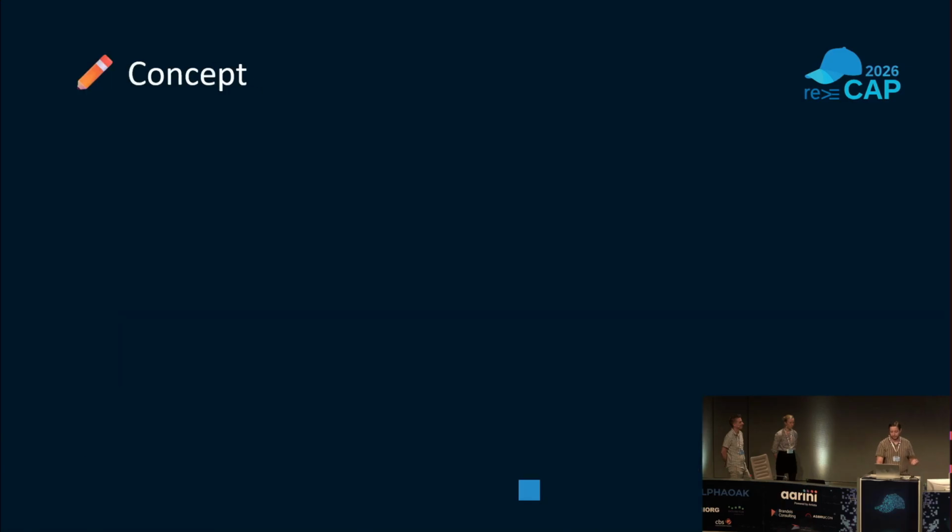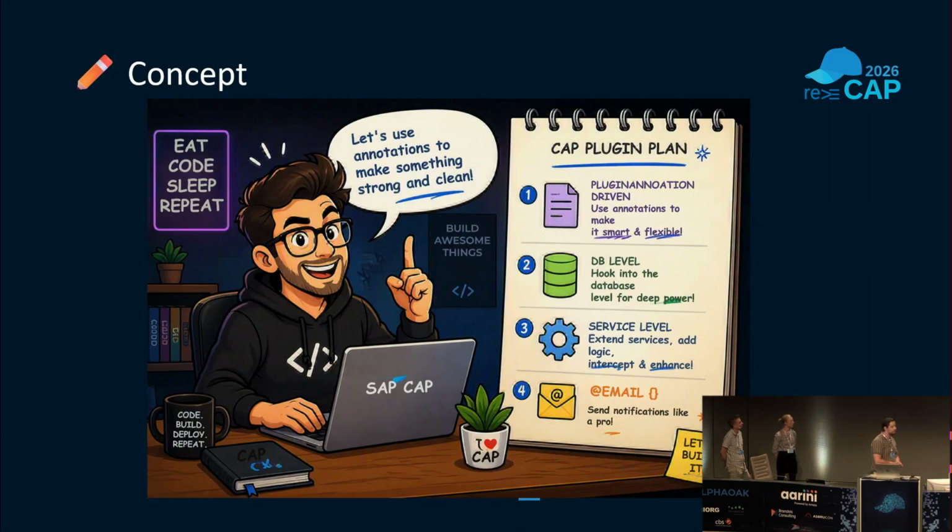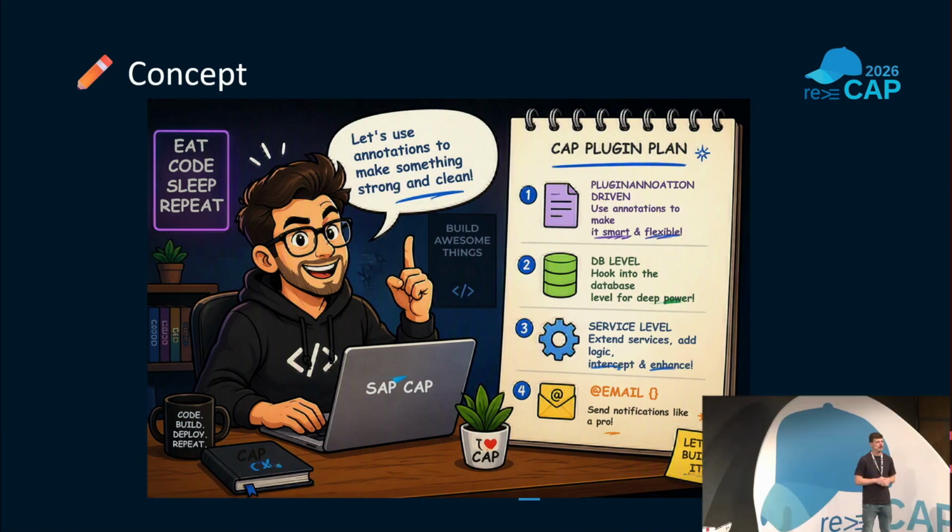So yeah, now on to the concept. All right, thank you, Matthijs. So when we have a look at this amazing picture, we do see, as was mentioned a few times already today, also by DJ and in other sessions, we all like these annotations. These annotations make our life easy.